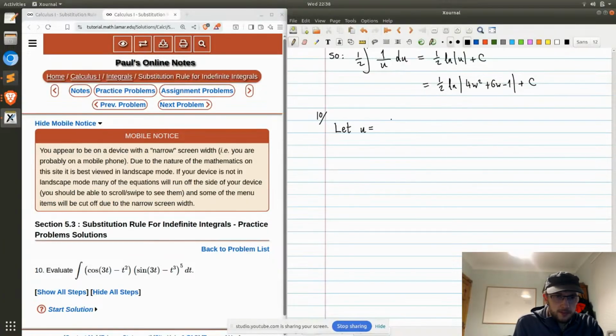We will let u equal sine of 3t minus t cubed. Then taking differentials, du, just like that. Then divide through by 3.